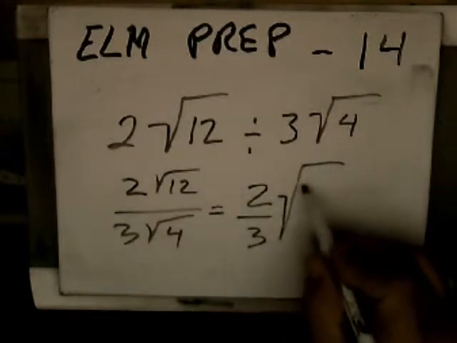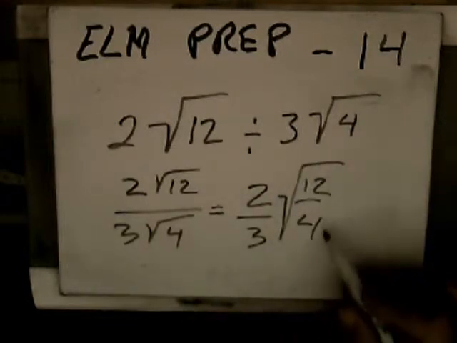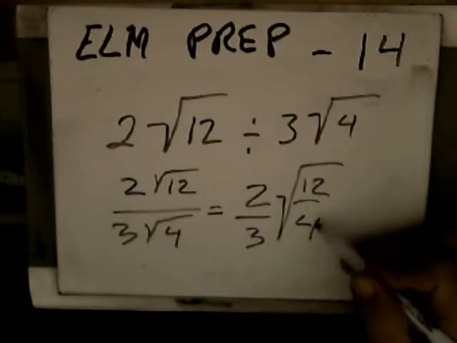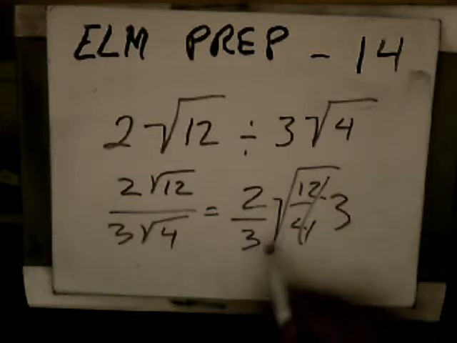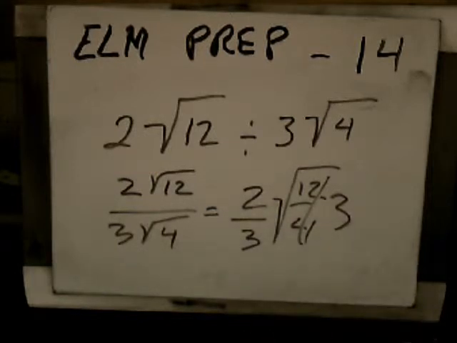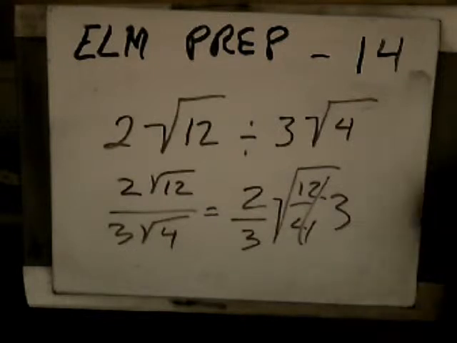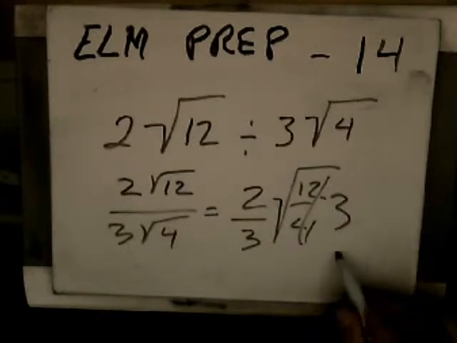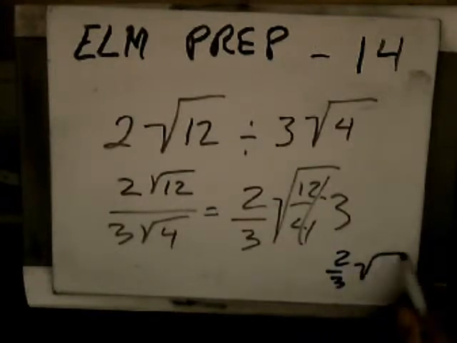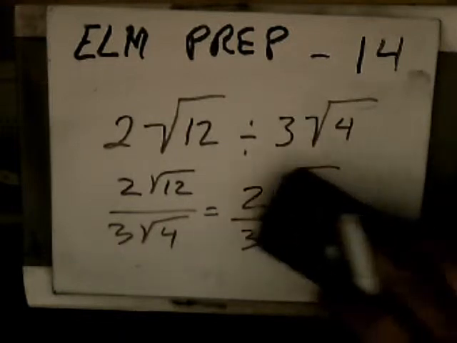I'm going to write a single radical of 12 over 4, and I look at this, oh, 12 divided by 4 is really just 3, so now I've reduced this down to 2/3 radical 3. I could have brought the inside out, so let me just write the answer here in fine print. 2/3 square root of 3 was our answer that way.